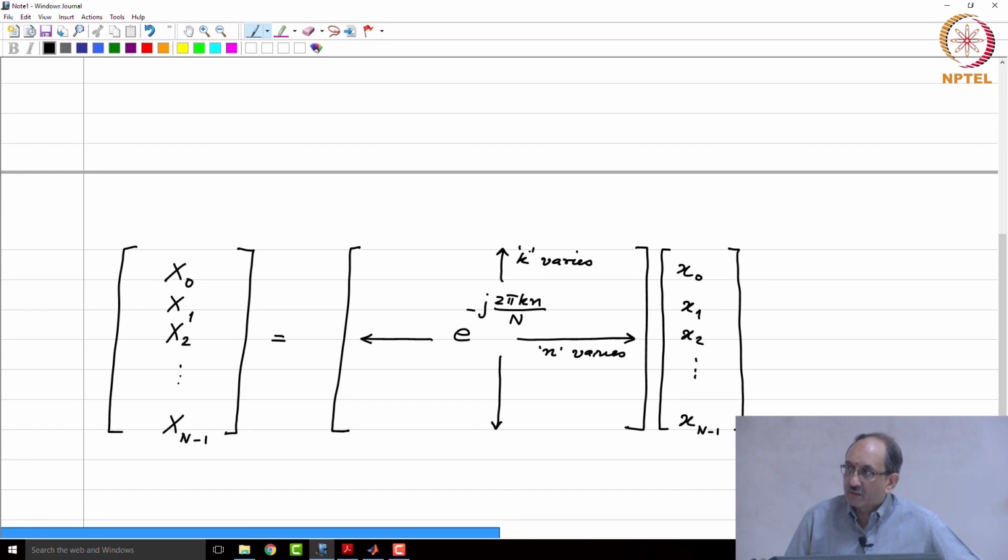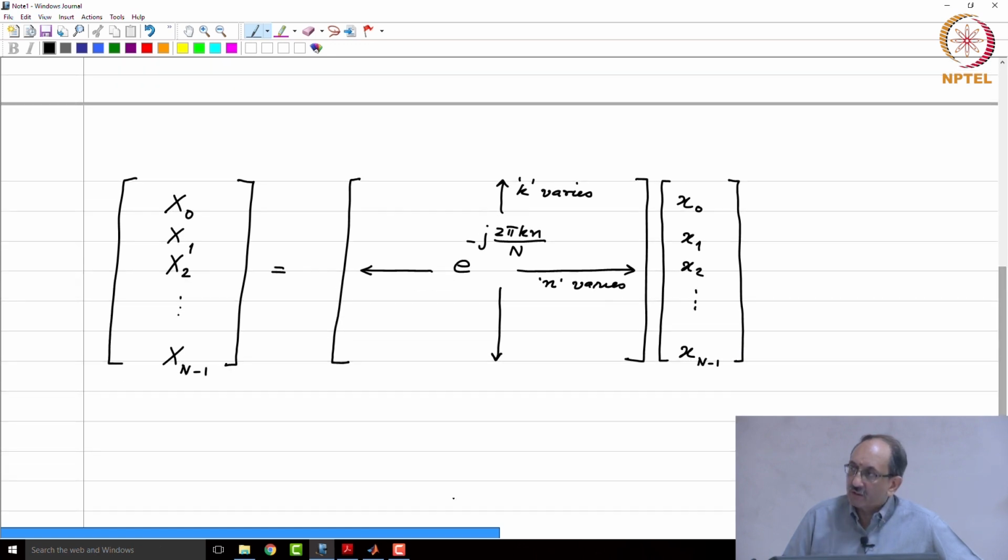So, the DFT equation can be represented compactly in matrix vector notation. So, this can be written as cap X, and this is of dimension N cross 1. This matrix is called the W matrix, and this has dimension cap N by cap N, and this is your data vector, which is again a column vector, and this is cap N by 1.